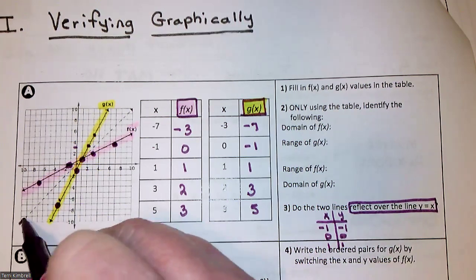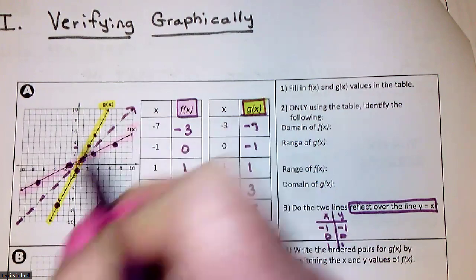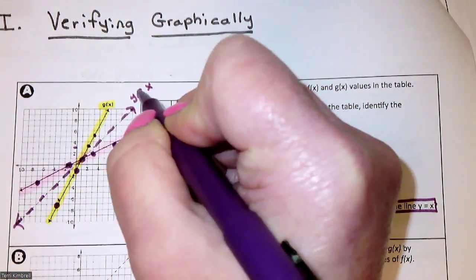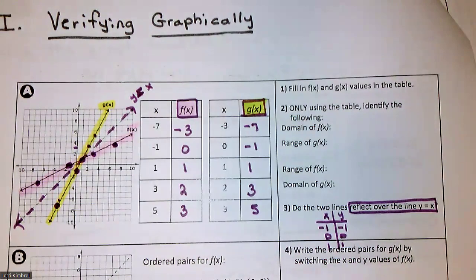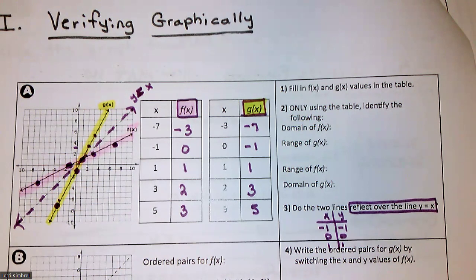So this right here is the identity line. That's your y equals x. So both of those, if you folded across that, would touch those points. So if you folded your pink or you folded your yellow over that line, they are going to reflect over the line.